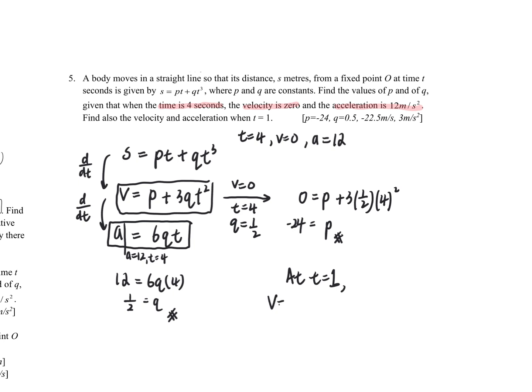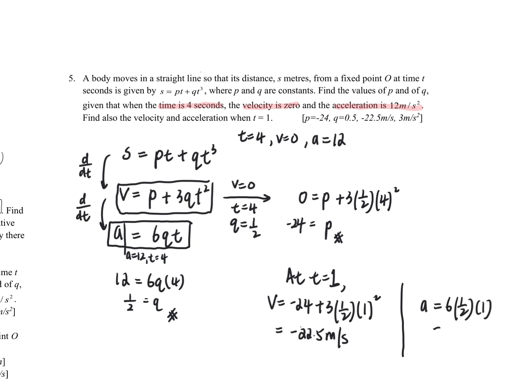So velocity is this, 1.5, so minus 22.5. Then the other one is acceleration. Okay, so it is all about following the instructions carefully.